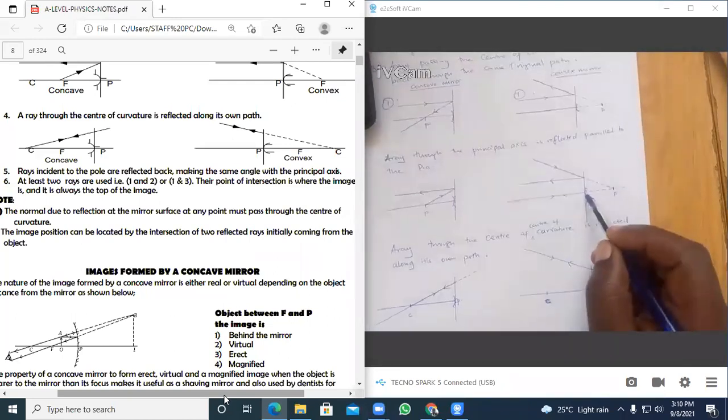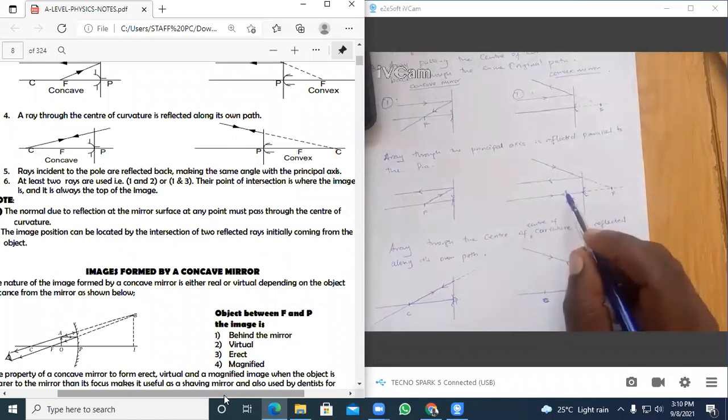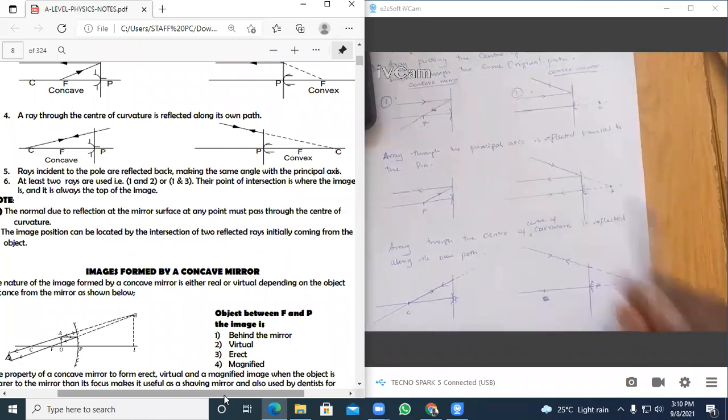Because the ray is incident on the mirror surface perpendicularly, or at 90 degrees. So if this ray touches the surface of the mirror perpendicularly, it will be reflected along the same path. It will not change direction because it is incident perpendicularly to the reflecting surface.